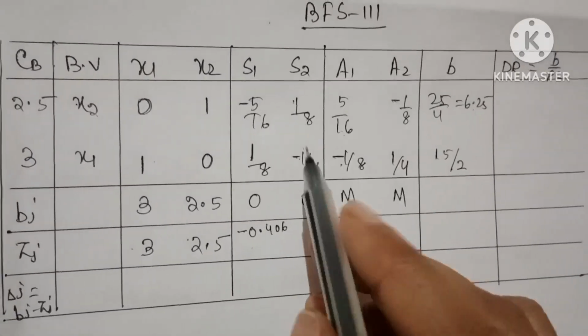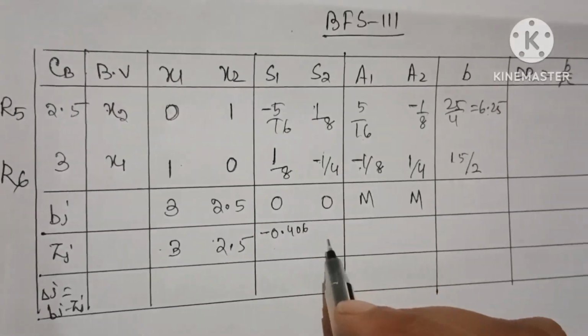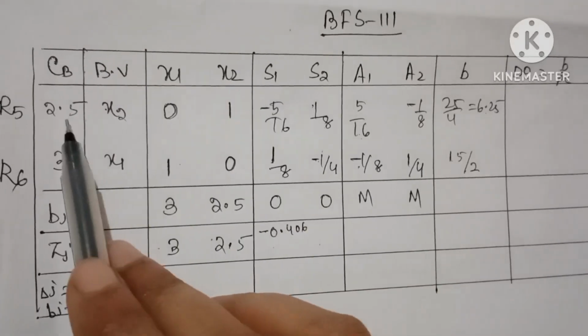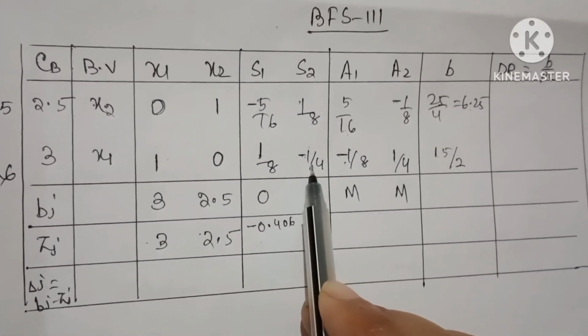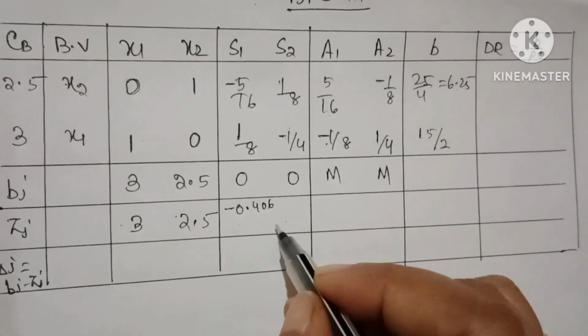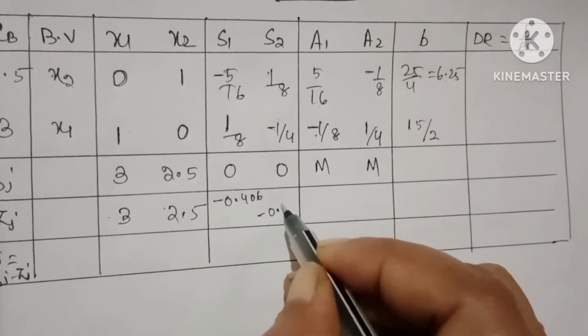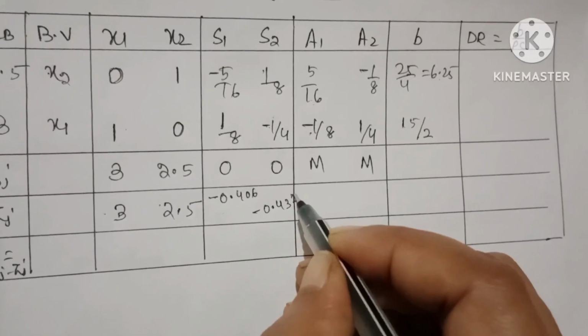minus 0.406. Then the next, z4 equal to 2.5 into 1 by 8 plus 3 into minus 1 by 4. So this becomes your minus 0.437.